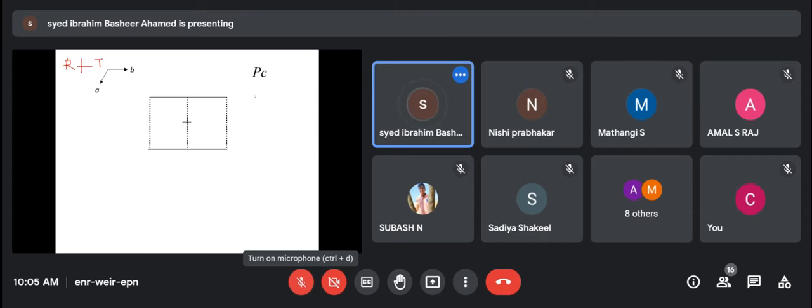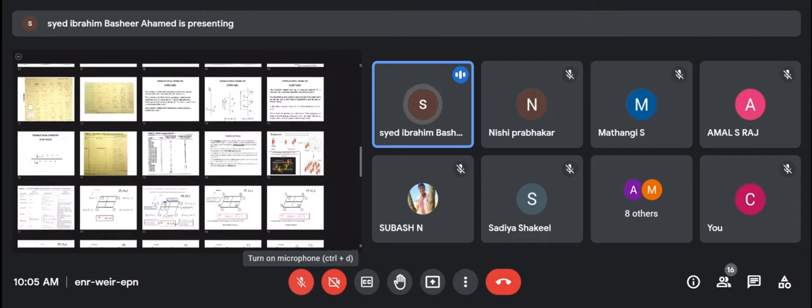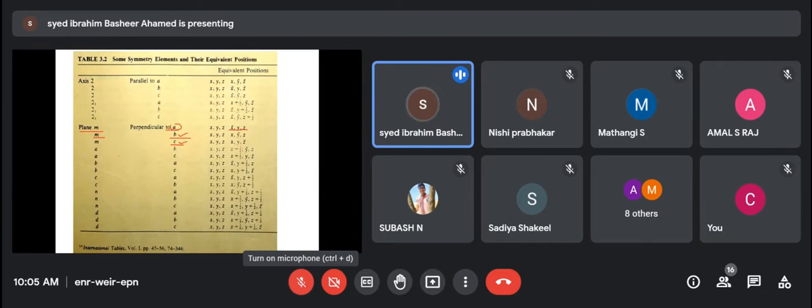So again, you have to see this. Just now we saw an example of the mirror plane. You have A glide, B glide, C glide. So A glide can be perpendicular to B and C axis.